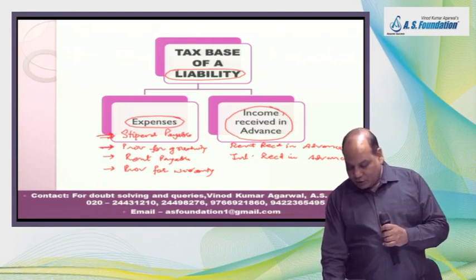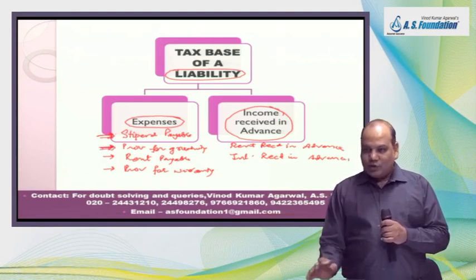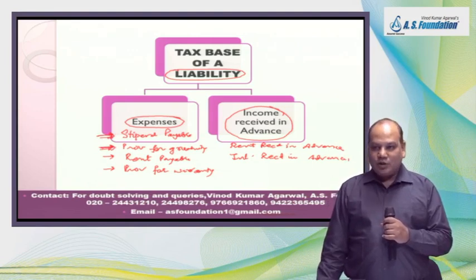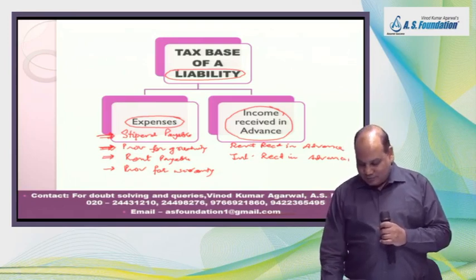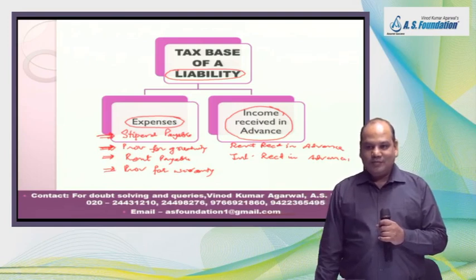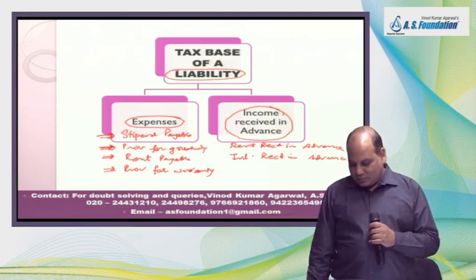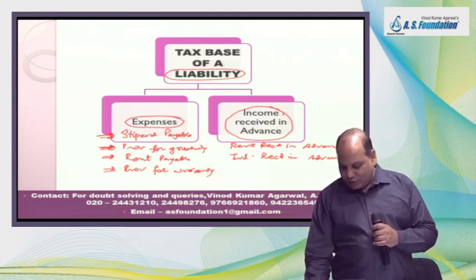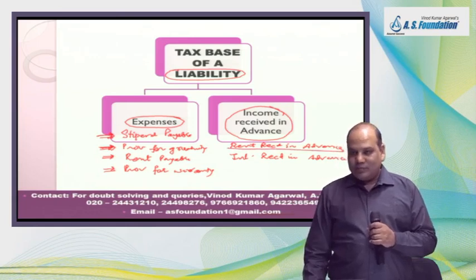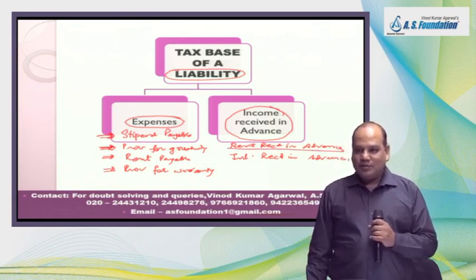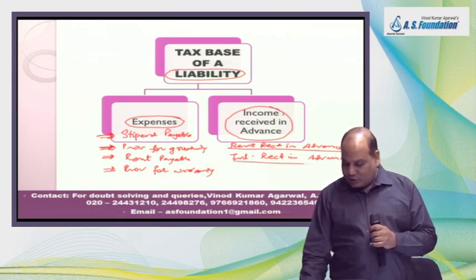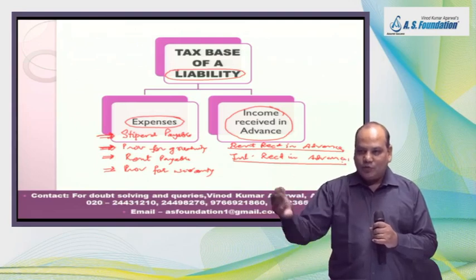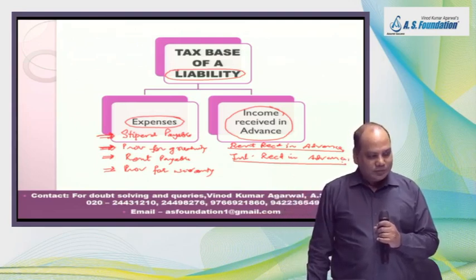But provision for gratuity, which is also related to expense, is not allowed. Rent payable is allowed as an expense, but provision for warranty may not be allowed as an expense. Rent received in advance may be taxed on cash basis, maybe in some cases, but interest received in advance will be taxed in the future year to which it relates.